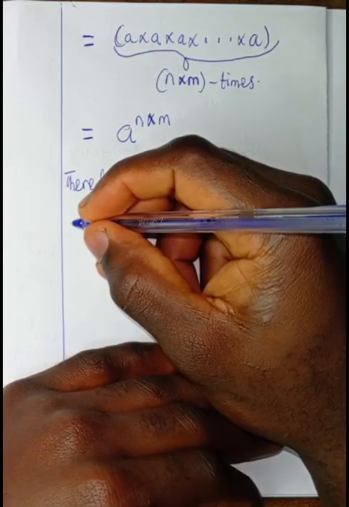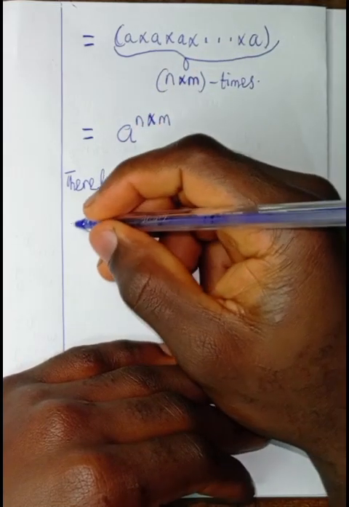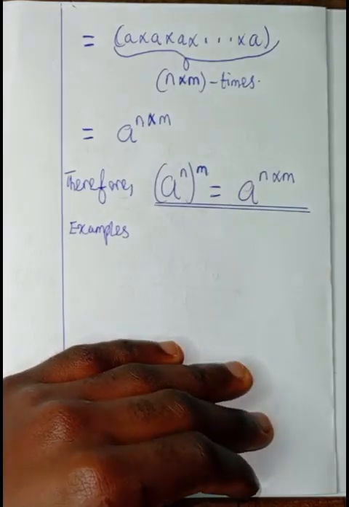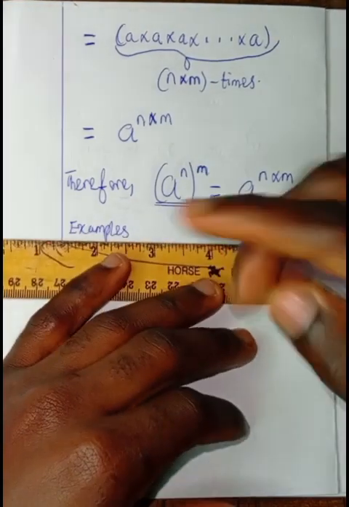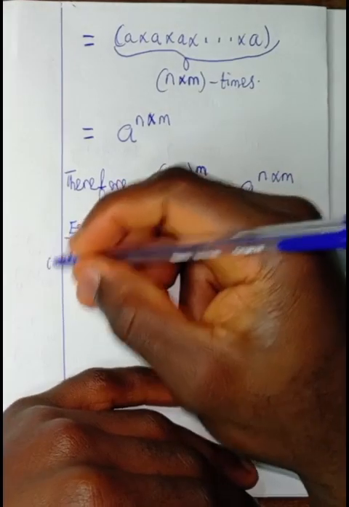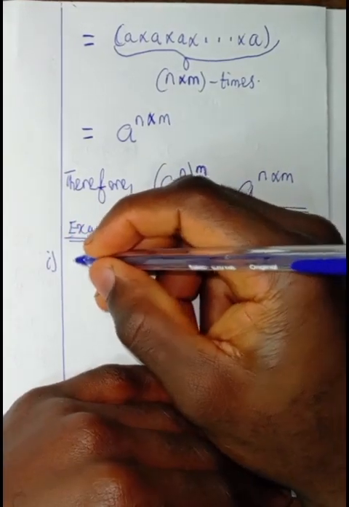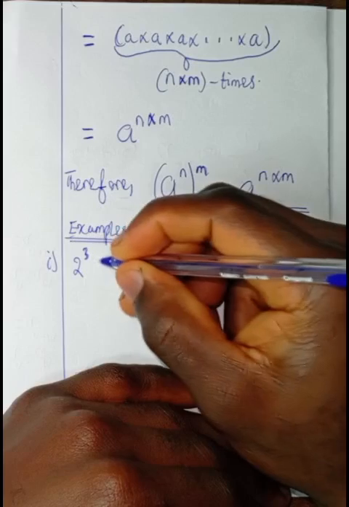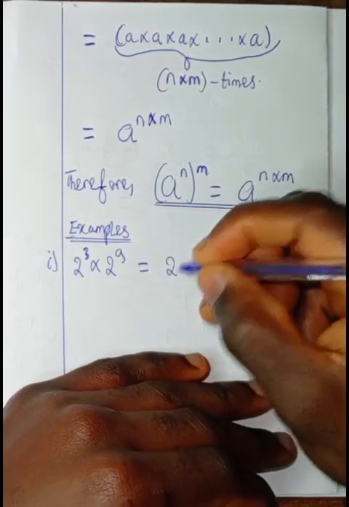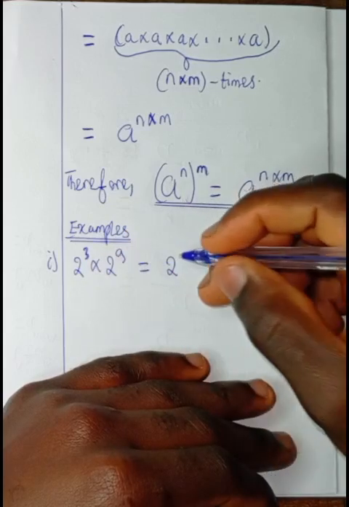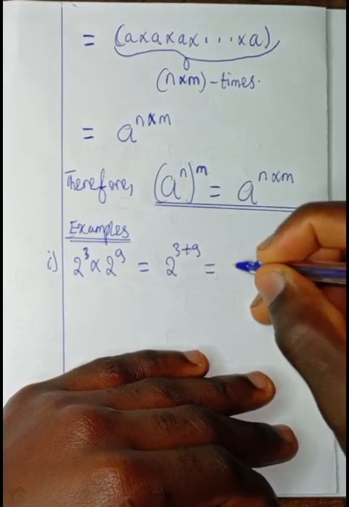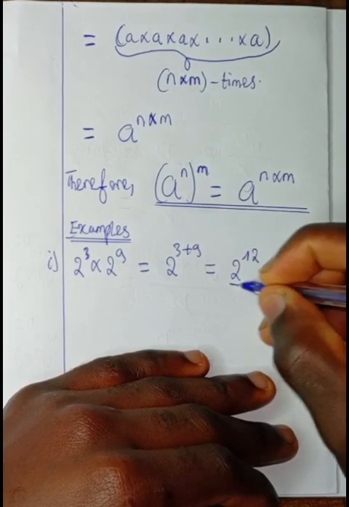Presently, I'll give some few examples on how we apply these laws. Examples. How these laws are applied. We take for I, if you take for example 2 raised to the power 3 times 2 raised to the power 9 is simply equal to 2 raised to the power, we are going to add the powers, the bases are the same, 2 raised to the power 3 plus 9, which is simply equal to 2 raised to the power 12.